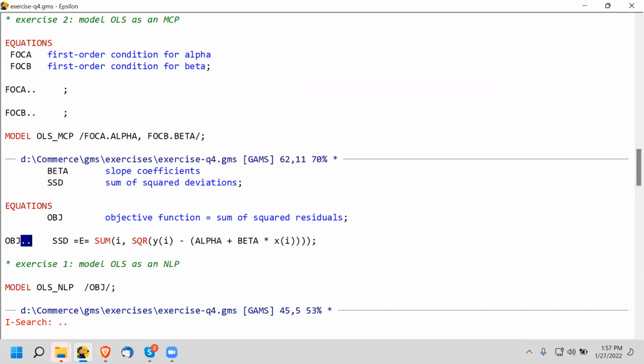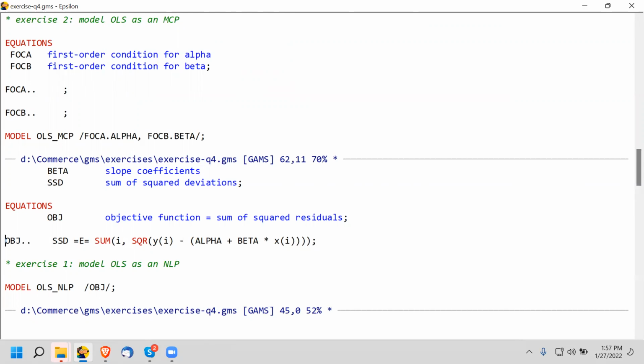If I look at my first order condition for alpha, it says the sum over i of y sub i minus alpha plus beta times x sub i, squared.